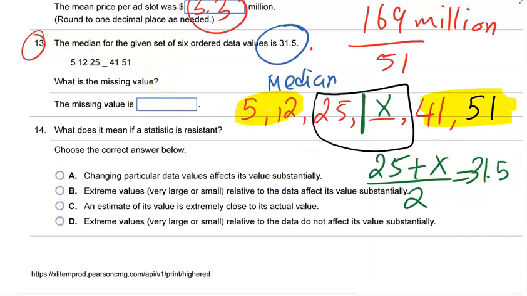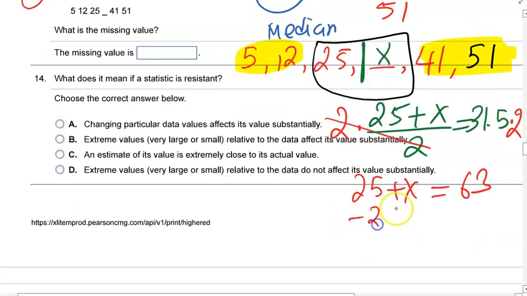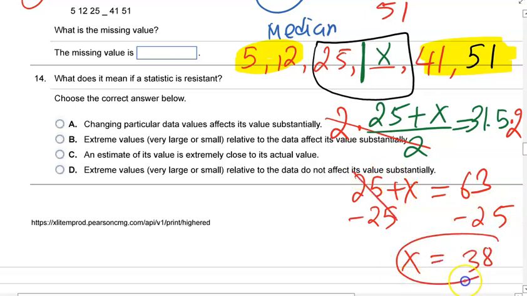To solve for x, you multiply by 2, this cancels. 25 plus x equals 63. Subtract 25, and x equals 38. Therefore the missing value is 38.